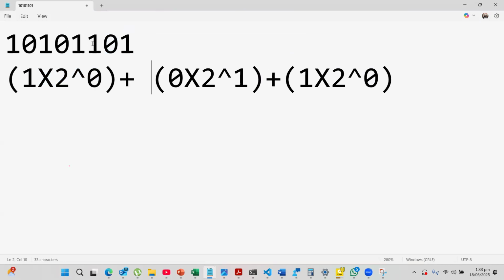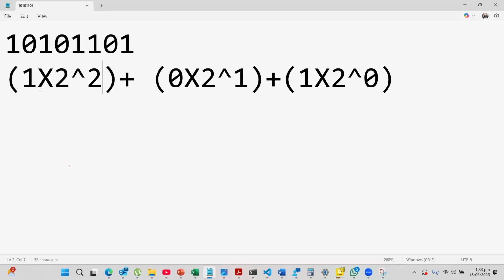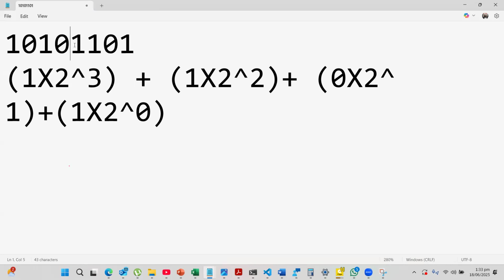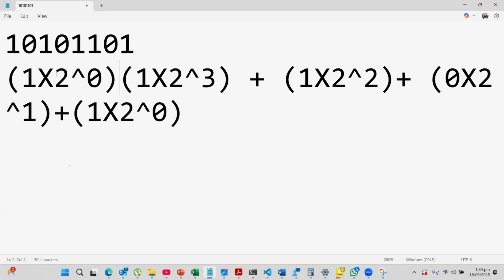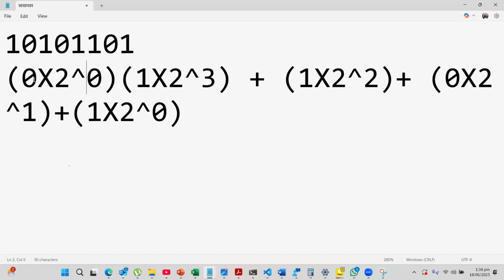With the next one, I have 1 times 2 raised to the power what? 2. I'm going to the next one. I have 1 times 2 raised to the power 3. So I'm done with this one. Then over here, I have 0 times 2 raised to the power 4.